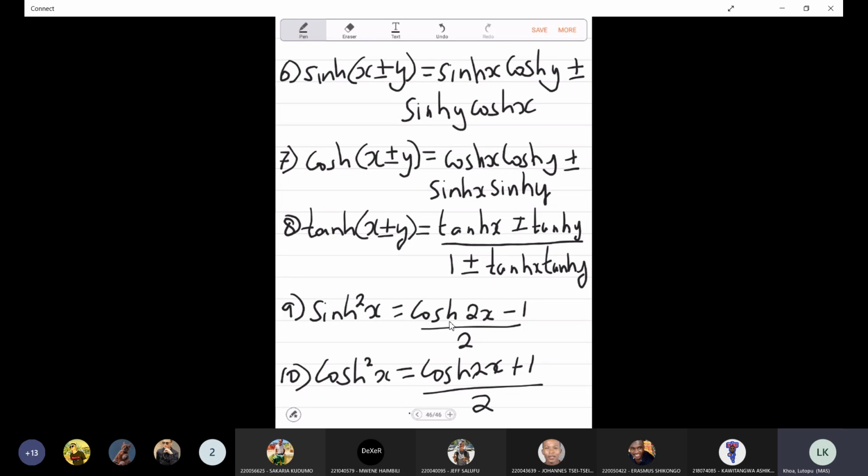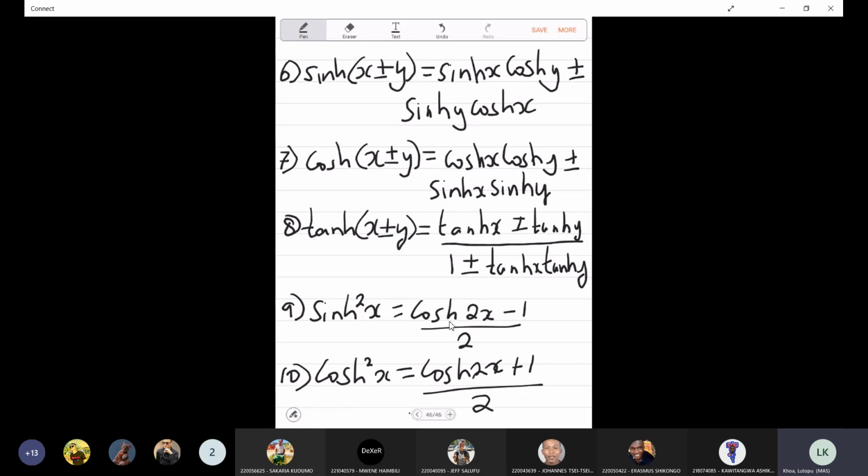Then this one, again, in the same way, you should be able to get it from hyperbolic cos squared plus hyperbolic sine squared is equal to hyperbolic cos of 2x. And then you play around with it, and then you should be able to do it.